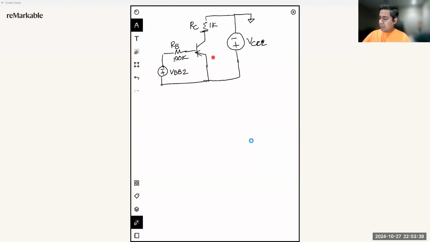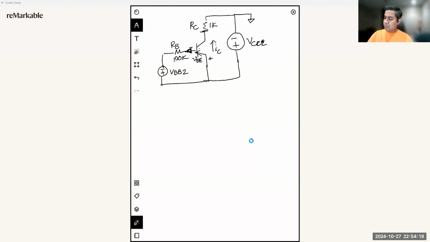You can see that this VBE voltage is now reversed, approximately negative 0.7 volts. The current will flow from the base terminal outward, towards the resistor, and the IC current will also be in the opposite direction. Here we are also going to do the same kind of simulation. We are going to repeat the exact same process.